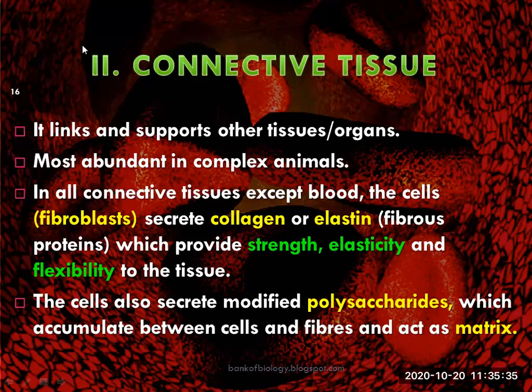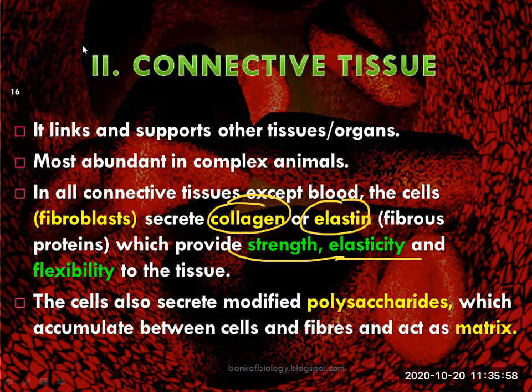In all connective tissues except blood, the cells like fibroblast cells secrete either collagen fiber or elastin fiber, the fibrous proteins. These collagen and elastin fibers provide strength, elasticity, and flexibility to the tissues, depending on the components present. Except blood, all the connective tissues have these fibers secreted from the fibroblast cells.